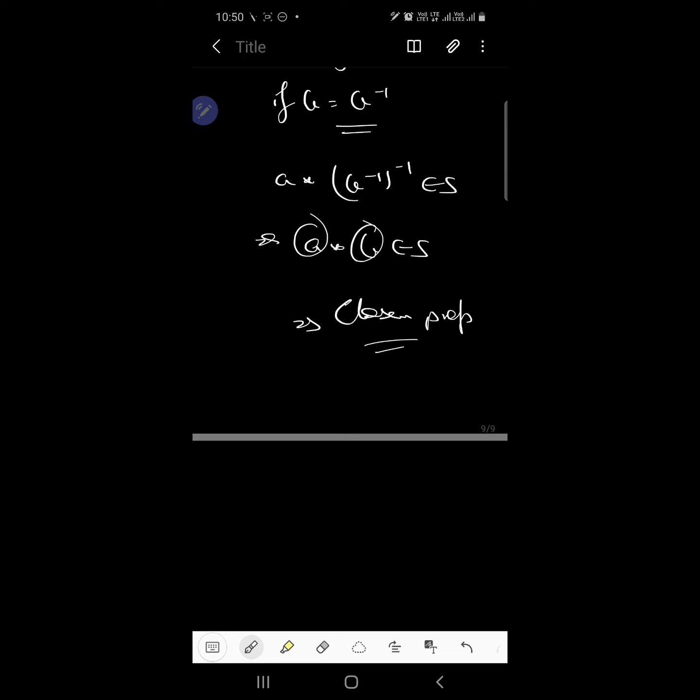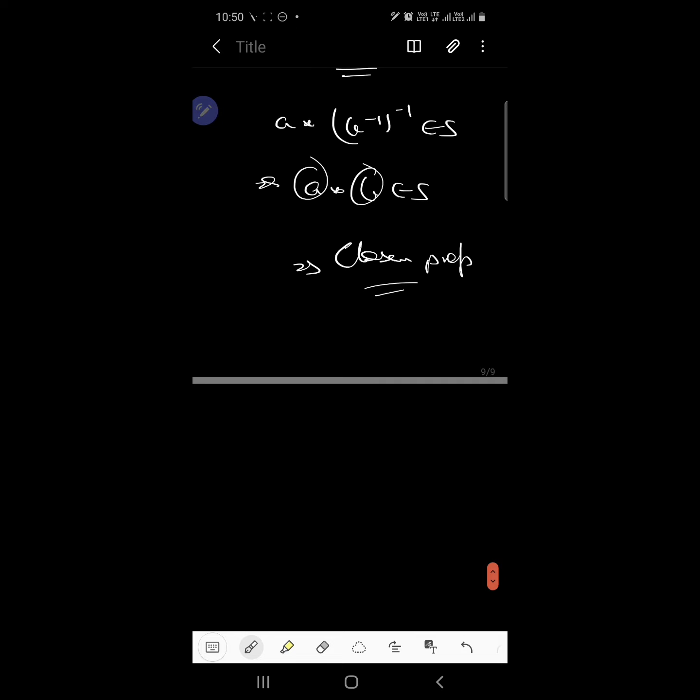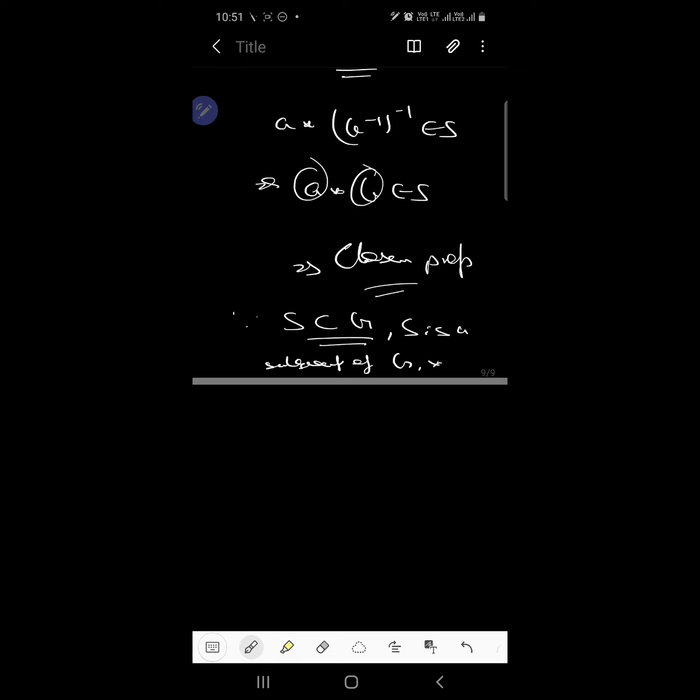That means star is closed under S, star is associative, S has a unique identity element under star, and S has a unique inverse of every element of itself. Therefore S is a group, and since S is a subset of G, S is a subgroup of G star.